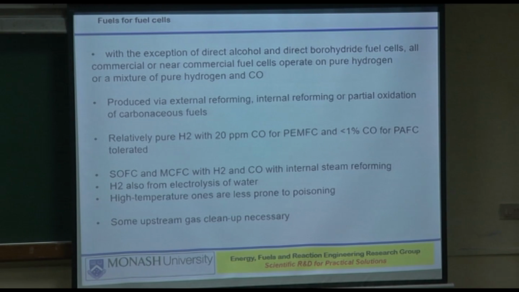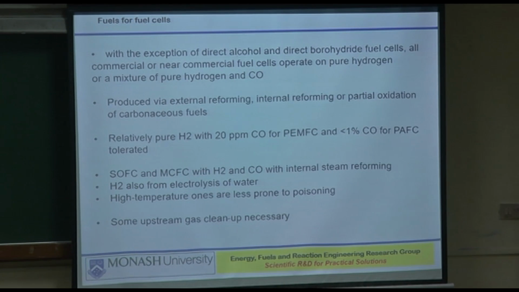So how is hydrogen then made? It can be made from different sources, in different ways. External reforming is one way if you have plenty of space. Internal reforming is one possibility that is practiced, or the partial oxidation of carbonaceous fuels. That one is mainly for hydrocarbons.